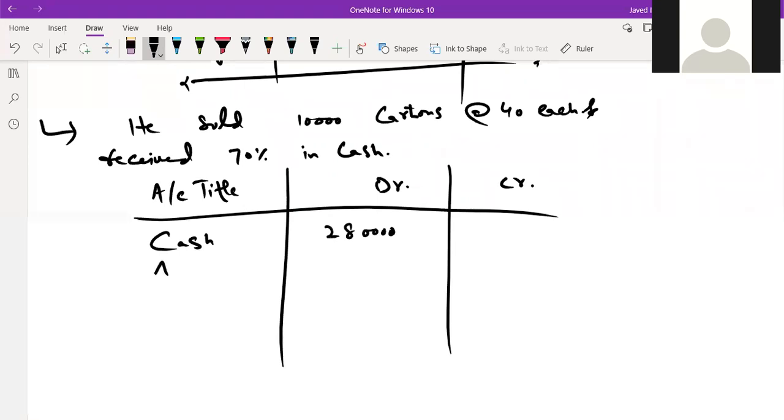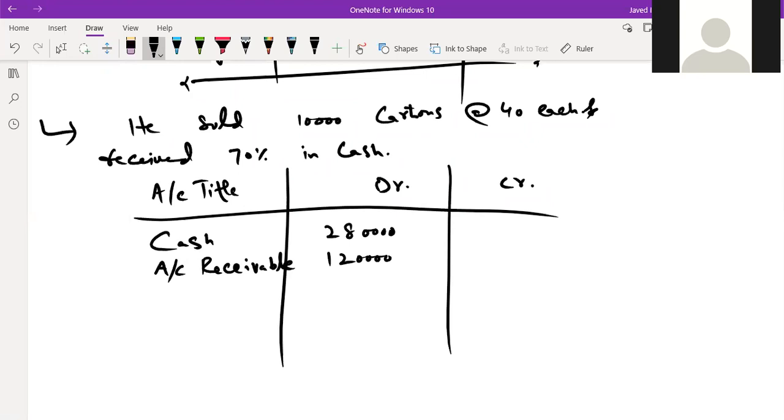Which also means you have something in receivables. So you have not received the whole amount. So you have something called account receivable, which is the remaining amount. Out of 400,000, you are only receiving 280,000. So this also means that 120,000 needs to be received in future.